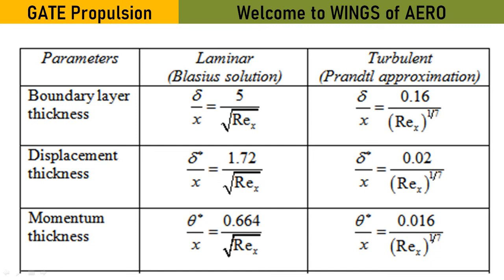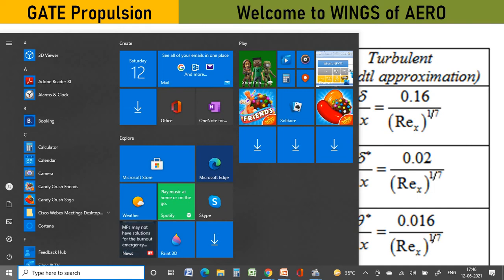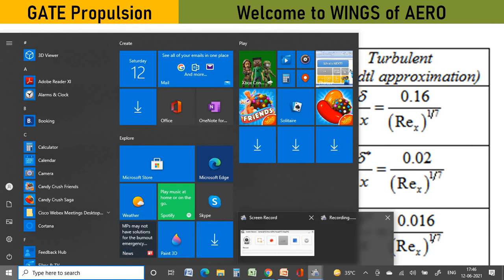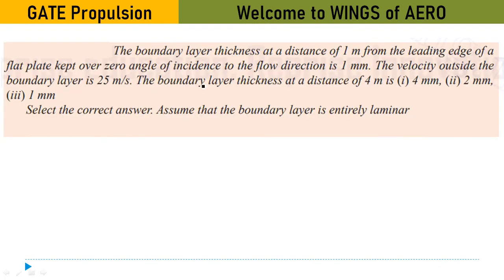The boundary layer at a distance of 4 meter is, they have given some options. Select the correct one. Assume the boundary layer is entirely laminar. So in this question they have stated clearly to solve this problem using the laminar formula, so you don't need to calculate it separately.